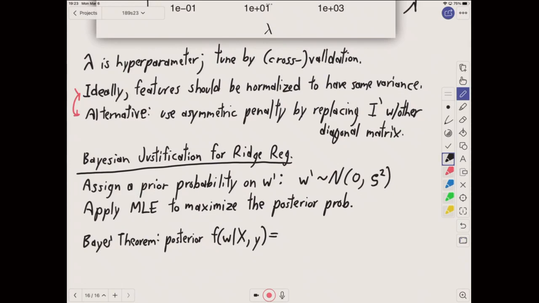And I can write that as the likelihood of getting a particular set of labels given sample points and weights, times, here's where we're going to use our prior probability, meaning this. So what I'm going to write down here is the PDF for that normal distribution, divided by the likelihood of getting those particular labels from those particular points.